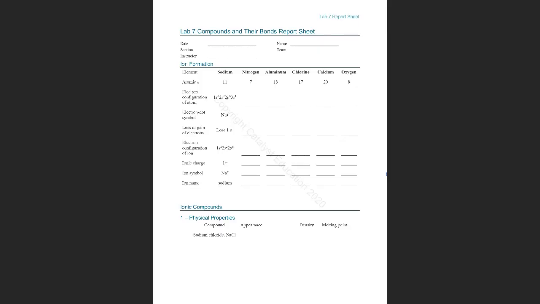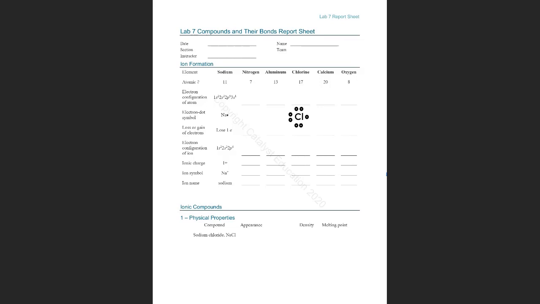Let's go back and finish out chlorine. Okay, so the electron dot symbol for chlorine is going to have 7 dots: 1, 2, 3, 4, 5, 6, 7. Now, if I was a little bit more careful, I would have done 1 on each side first.